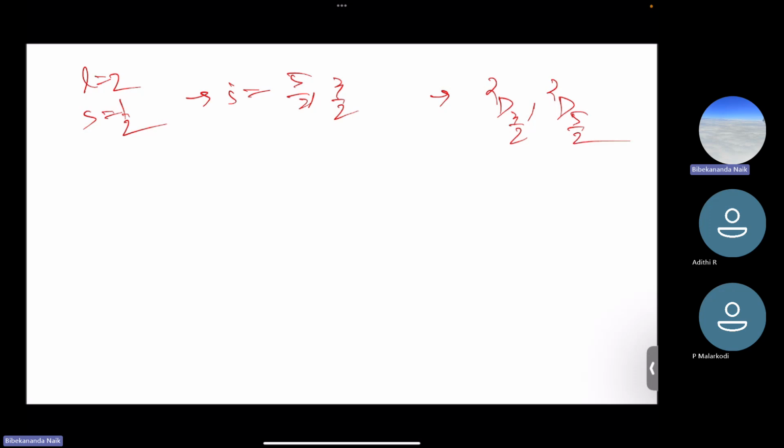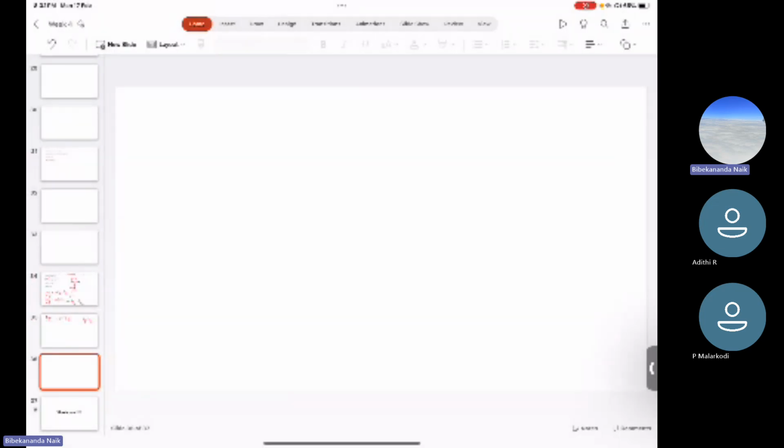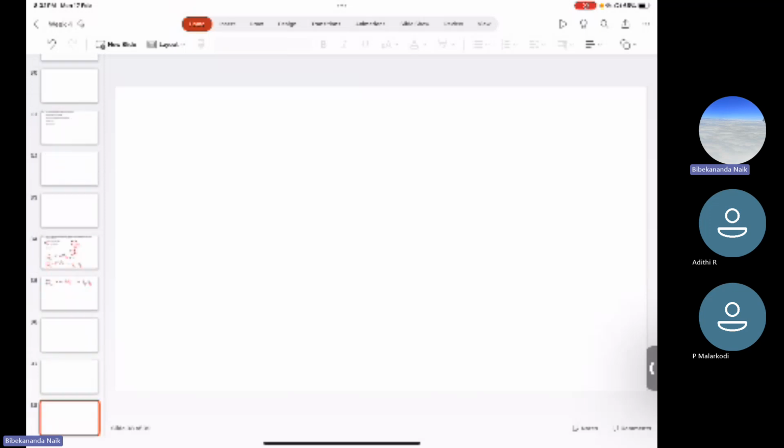So these are the five terms. So the possible spectroscopic terms corresponding to the quantum number n equal to 3 for one electron are 2S half, 2P half, 2P 3 by 2, 2D 3 by 2, 2D 5 by 2. I hope this is clear to everyone. Now we will solve a few other problems. Let me add a few slides.